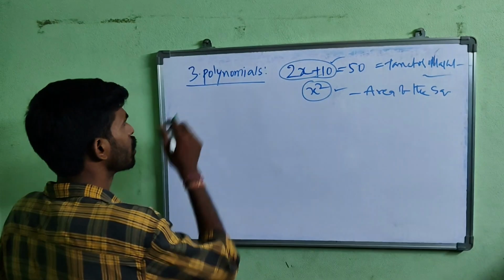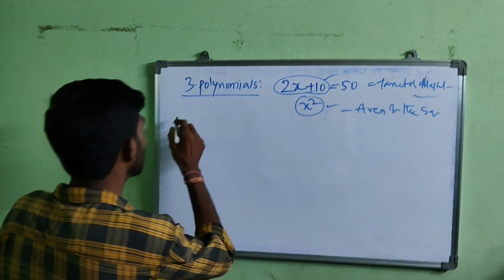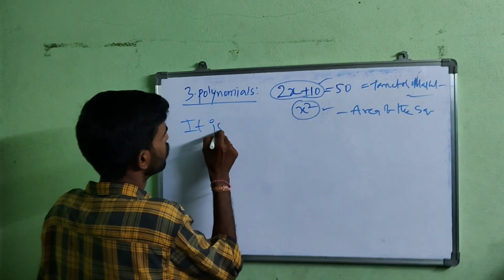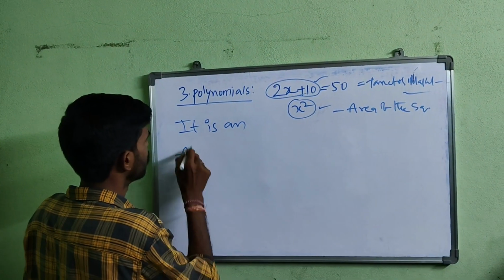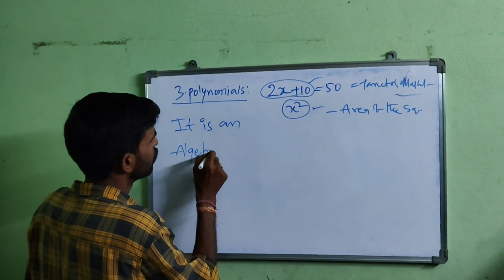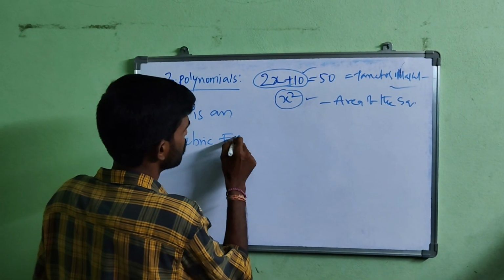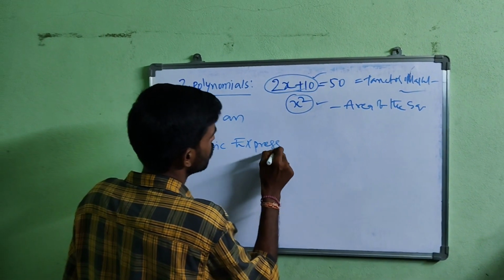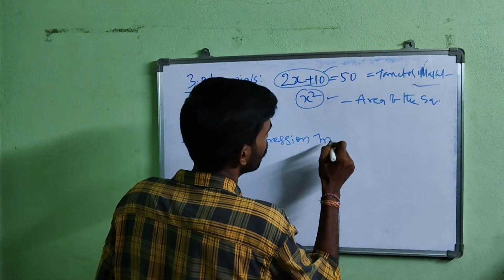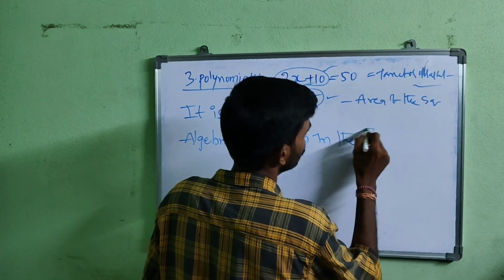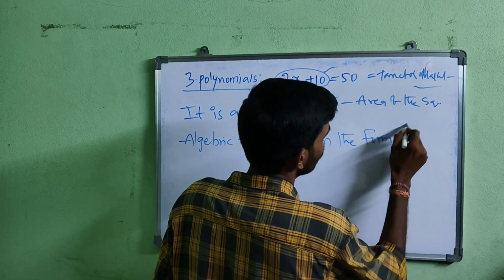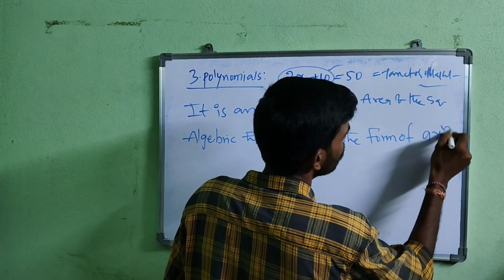Now what actually is a polynomial? It is an algebraic expression, and it should be in the form of a into x power n.